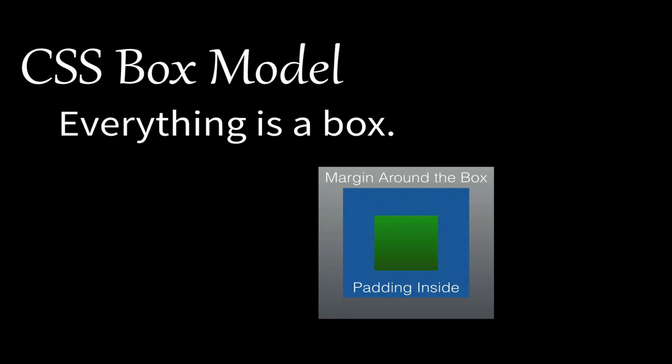Padding is the space on the inside of the box between that and the content. So if you can imagine, the blue box is the box, the green box is my content, and I've got margin around the box and padding inside the box. Okay, that concept is a little bit hard to grasp, but let's jump into CSS Hero and actually add some style to a box, and you'll be able to see exactly what I mean.